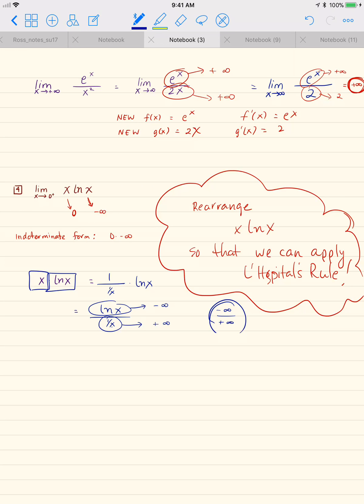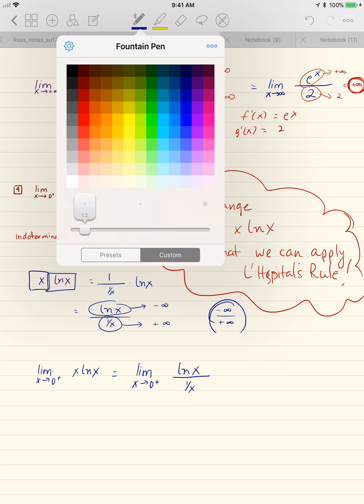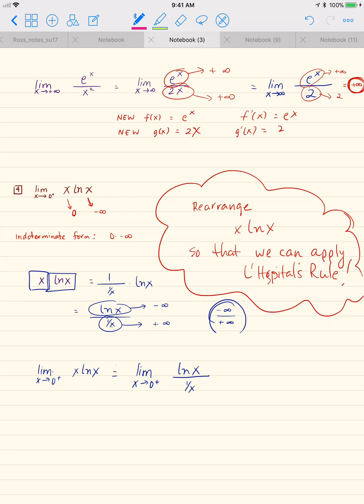So now let's apply L'Hopital's rule to the limit that we have. The limit as x approaches 0 from the right of x ln x is equal to the limit as x approaches 0 from the right of natural log x over 1 over x. Okay, this is just from algebra. So let me just make that clear. This step here is just algebra.